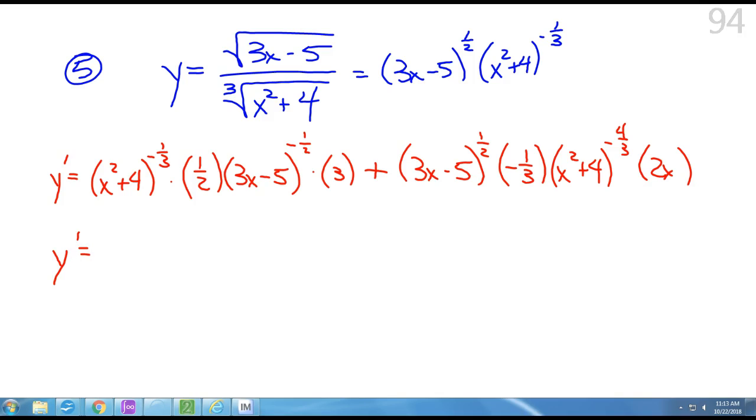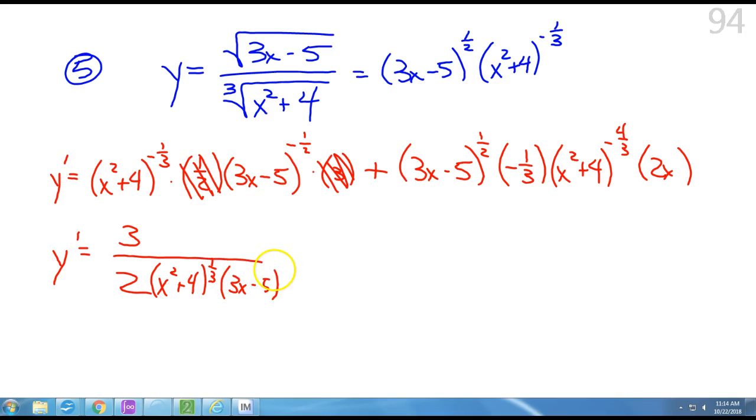Okay, so 1/2 splits it for us. I'm not going to write the 1 because I'm going to have other stuff up there anyways. This 3 goes on top. Now I've got two things on the bottom now. So x squared plus 4 to the 1/3 and 3x minus 5 to the 1/2.